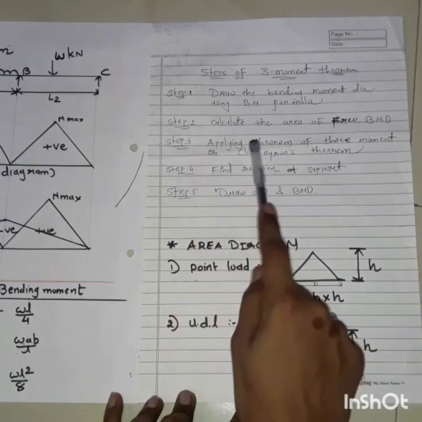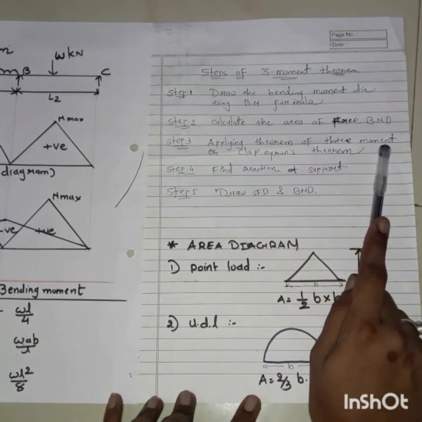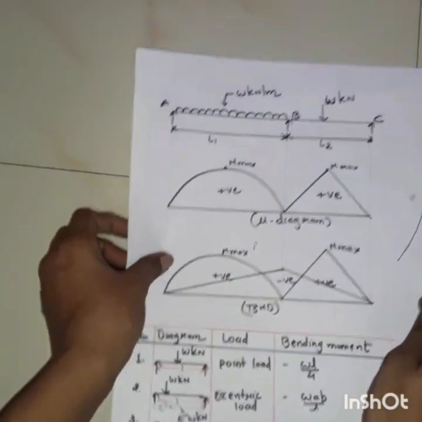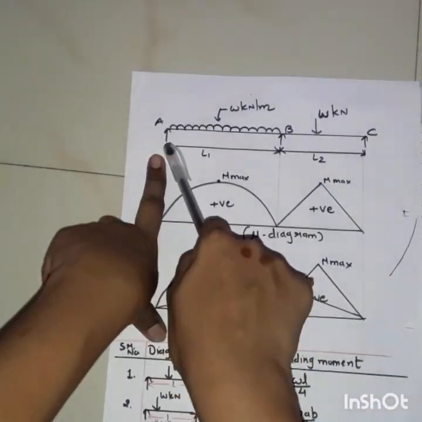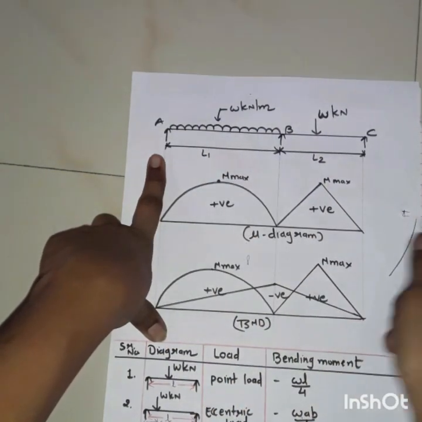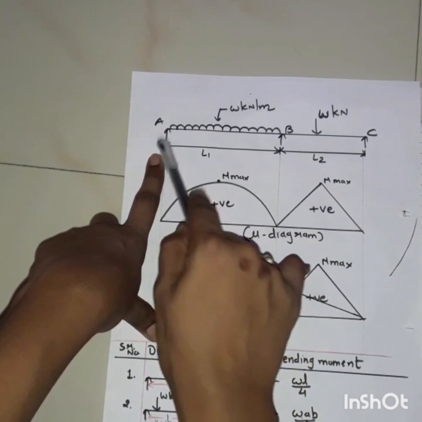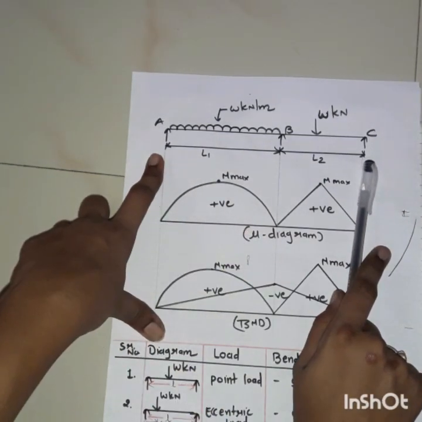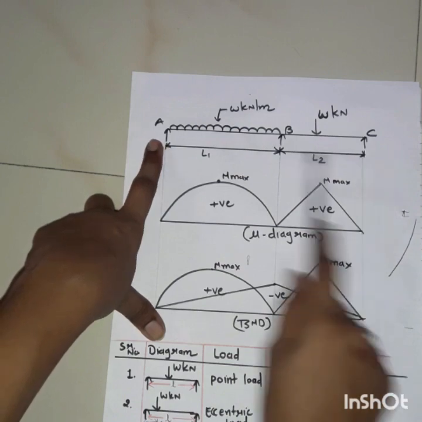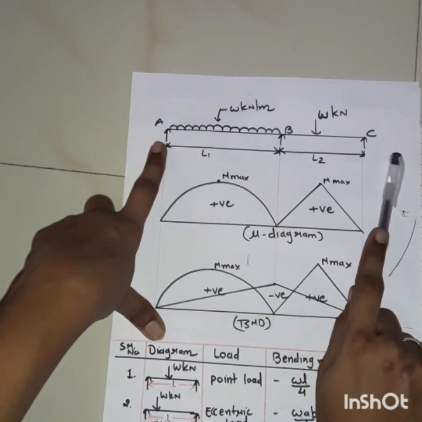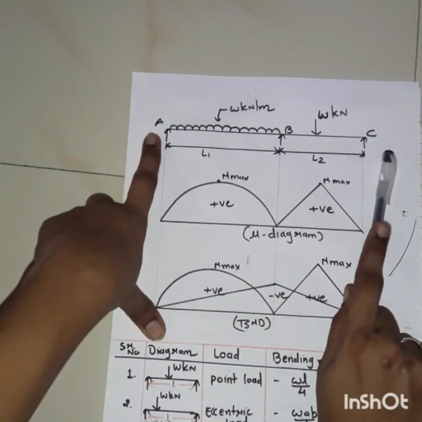Next step is to apply the three-moment theorem. If the end supports A and C are simply supported, then the moments of A and C are 0.